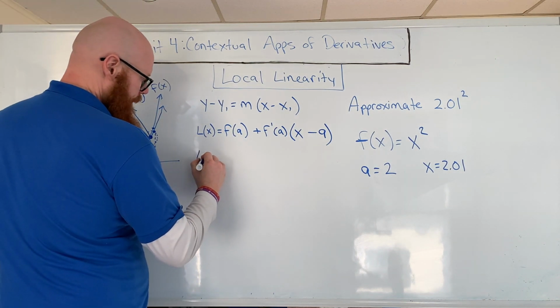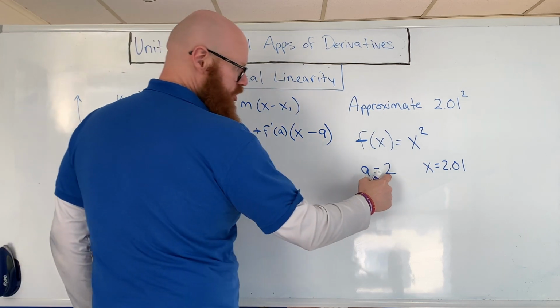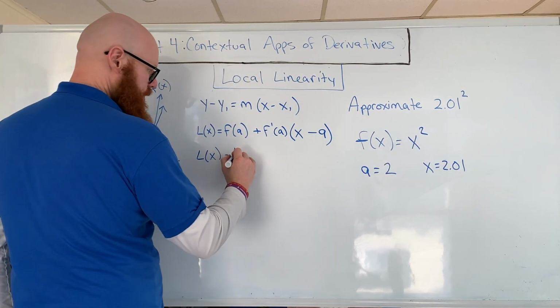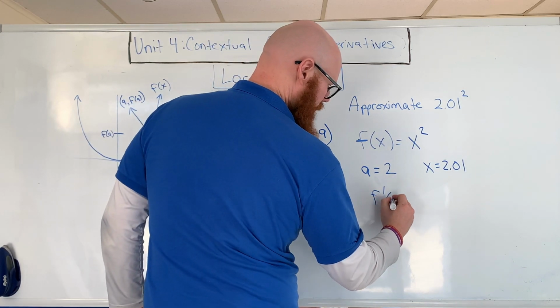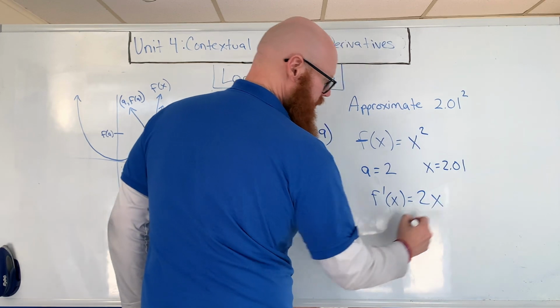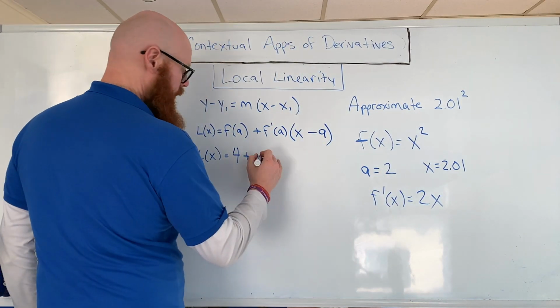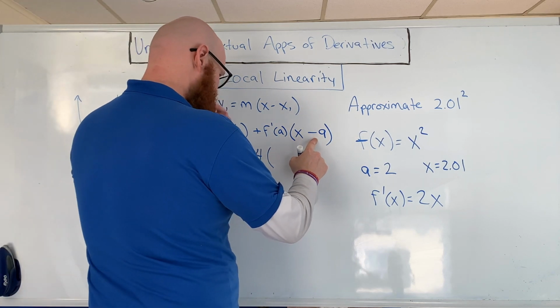So I am going to first find my linearization equation. So f of a is plugging in 2 into our function, which is 4. F prime of a, well, I can easily find f prime of x, the derivative of x squared is 2x. Plug in 2, that also gives us 4. And x minus a, right?